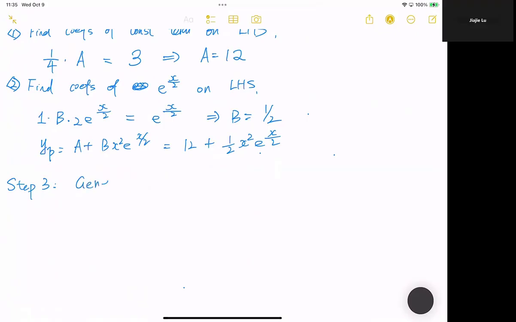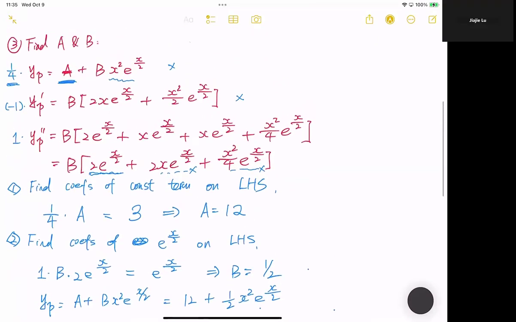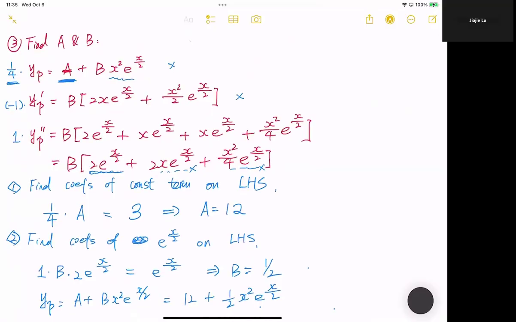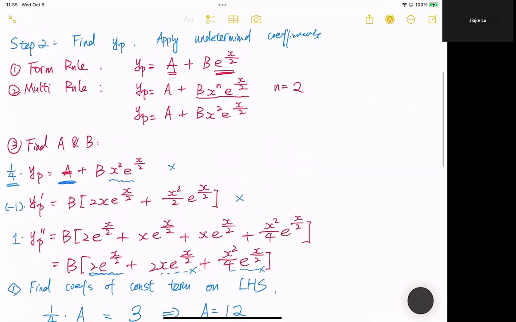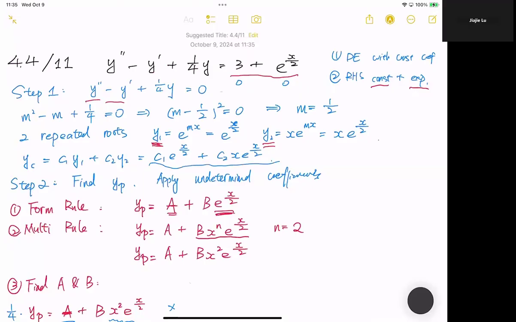General solution. So in our step 2, we successfully figured out our yp equals 12 plus a half x squared e^(2x) over 2. And in our step 1, we successfully found the complementary solution.